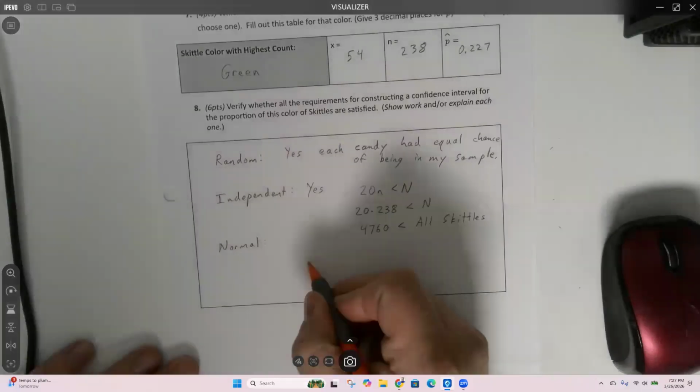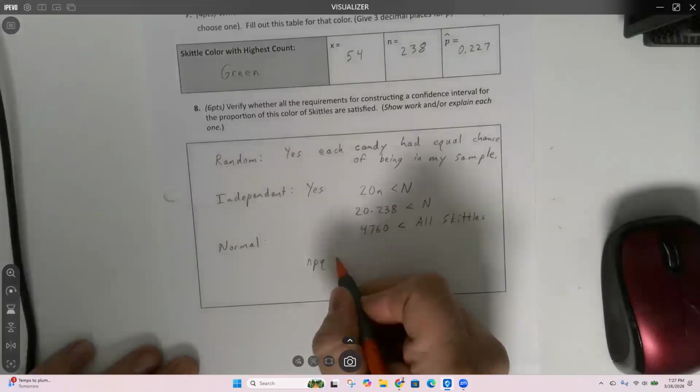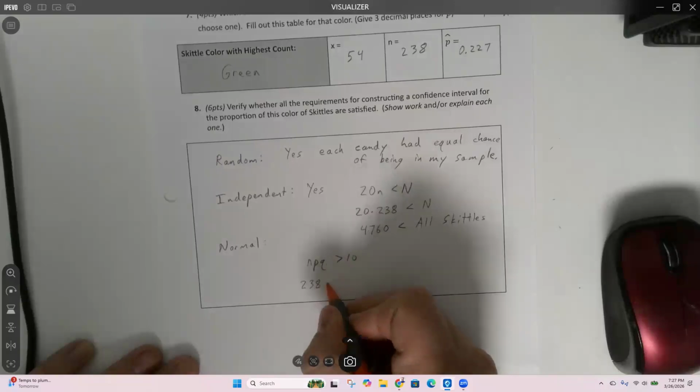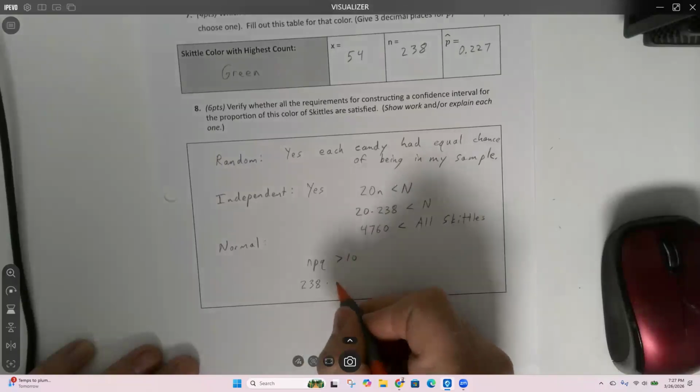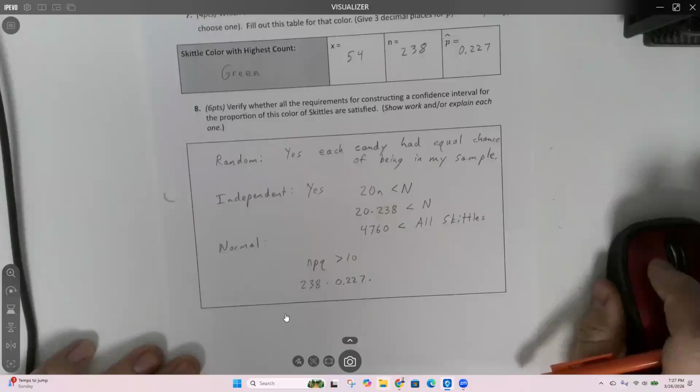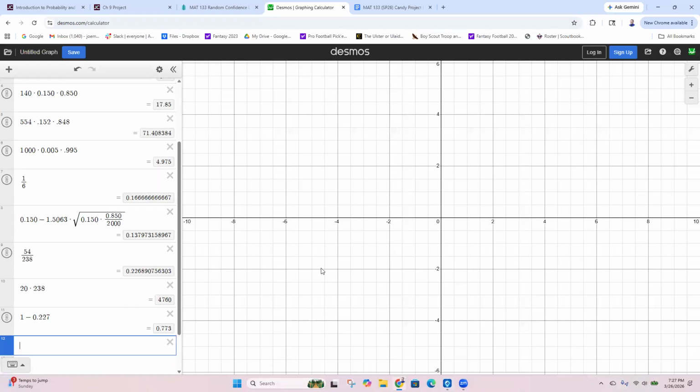And finally, for normal, we need to check that NPQ is bigger than 10. So my N is 238 for Skittles. My P hat is 0.227. I need my Q. 1 minus 0.227 is 0.773.